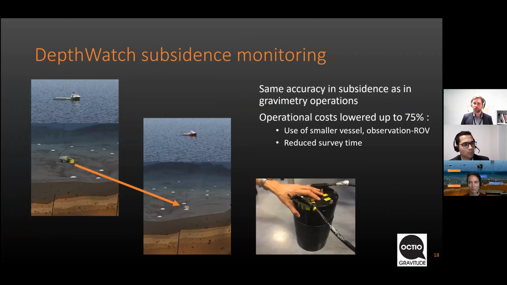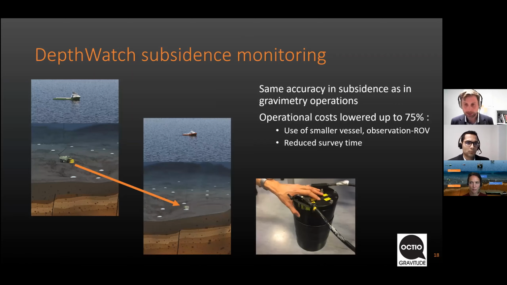What is interesting here is that when we perform the full GWatch technology, we need to use a world-class ROV. However, when we are acquiring Depthwatch datasets, we can actually use just an observation ROV. And the reason for that is shown on this picture on the right.